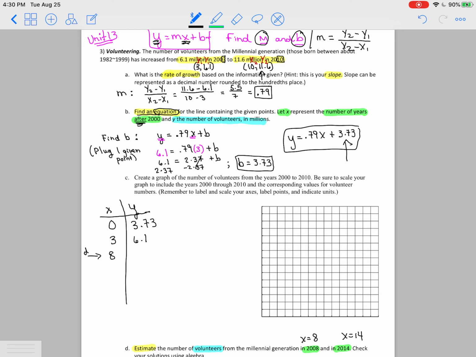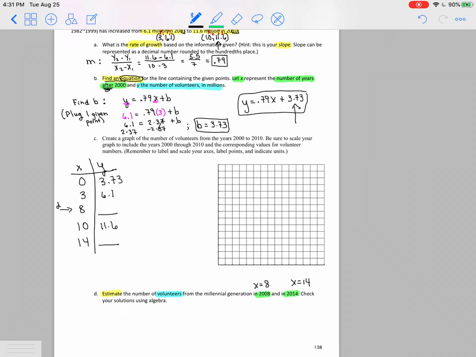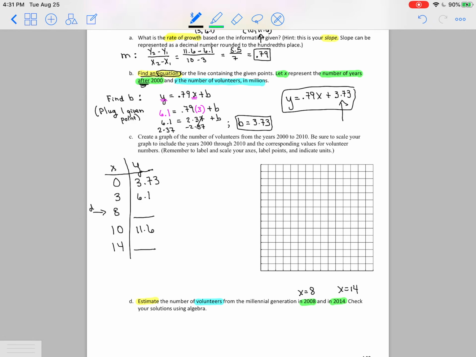I'm also going to need to know the number of volunteers when x is 14. So I'm going to put an 8 in here, do some math here in a minute. From my original problem, I know in 2010, there were 11.6 million volunteers. And then I also know I'm going to look for 14. So this is going to give me lots of good points to put on my graph.